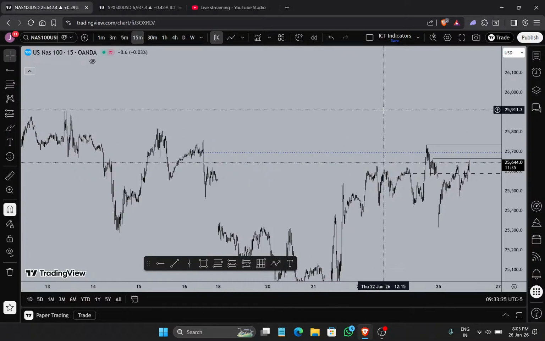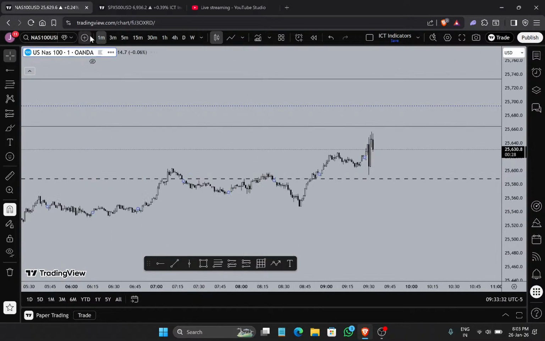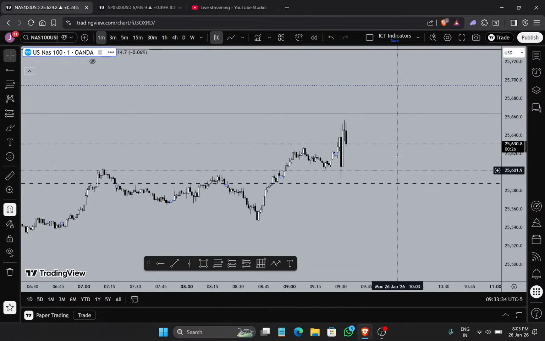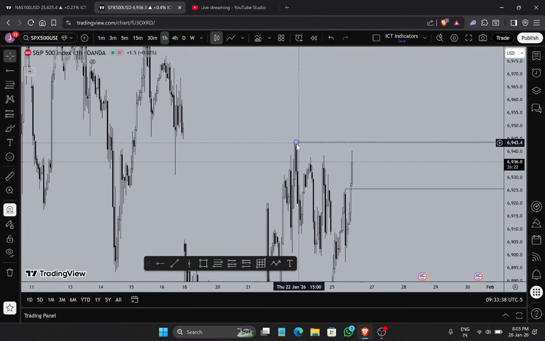No, 1322 is already off. We already tapped into this zone here. 1322 high, there is no 1322 gap.